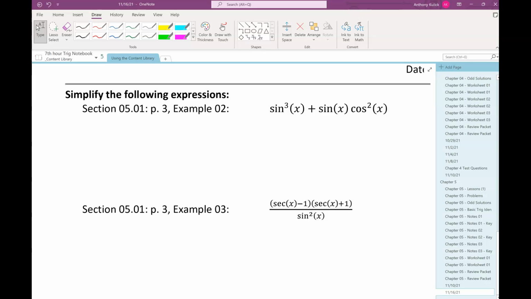Now we want to do all the simplifying we can. The most simplified thing you could ever get to would be a single number. If you can get this thing to simplify down to like 5 or 7 or 8 or 2 or 0 or 1 or whatever. Sometimes that'll be possible. Not always. The next simplest thing is if you can get down to a single trig expression, so it just involves one thing like sine or cosine. Often that will be the case.